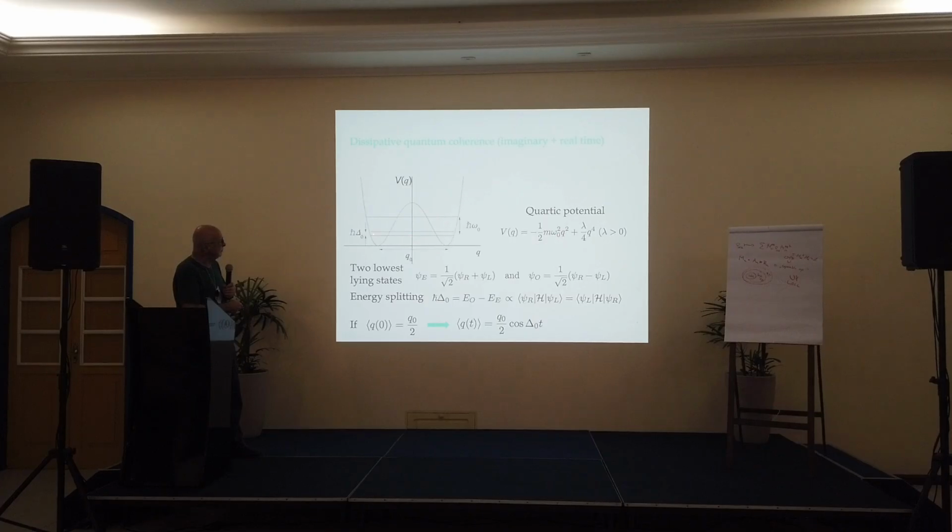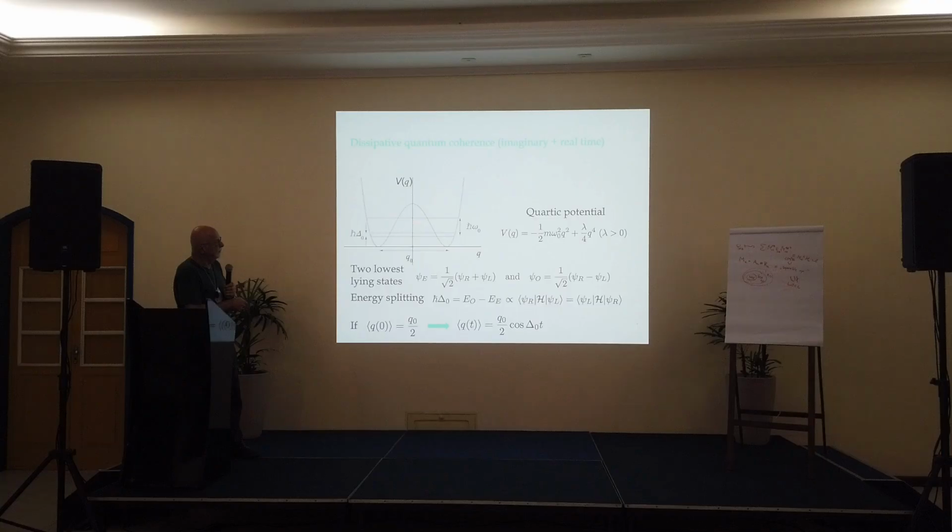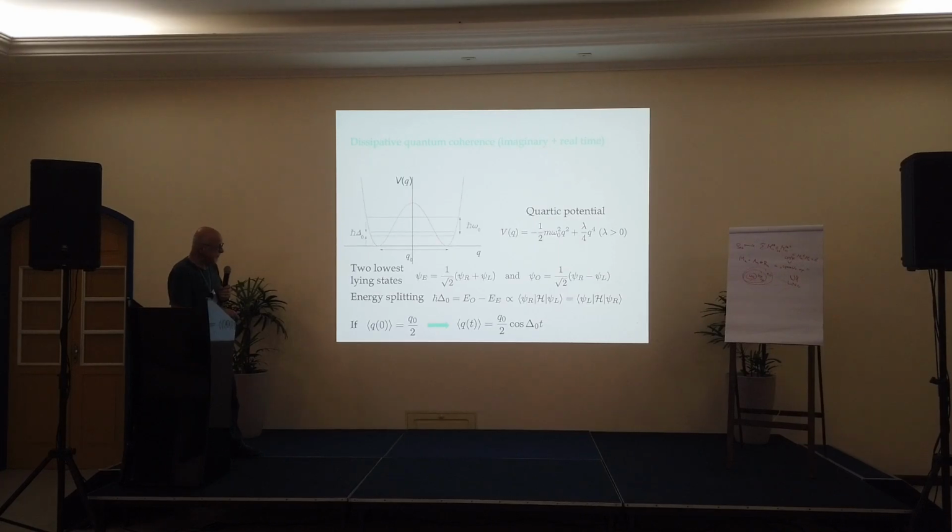And in this quartic potential, let us try to play with these two lowest energy states, separated by h bar omega naught from the first excited state, right? So it's a doublet here. And then we have psi right, psi left, the symmetric and anti-symmetric combinations, and there is this energy splitting that depends on the overlap, and it's very small, of course, exponentially small.